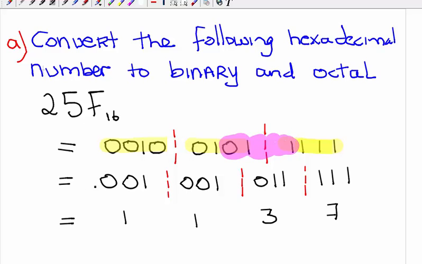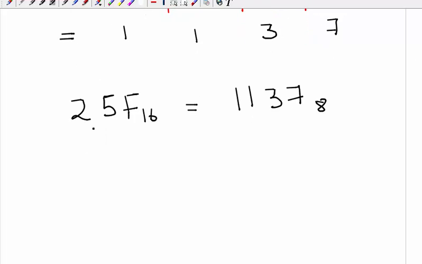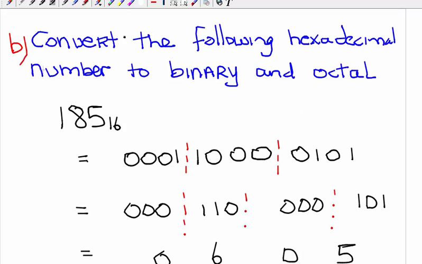So 0001, the octal equivalent is 1. 0001 is 1. 0011 is 3. And 0111 is 7. So the hexadecimal number 25F to the base 16 has the octal equivalent of 1137 to the base 8. That's the first of our group.